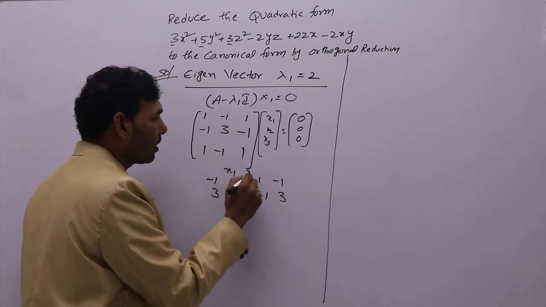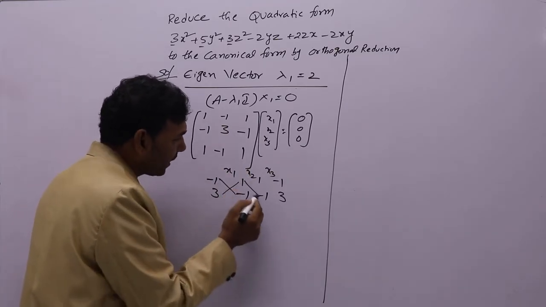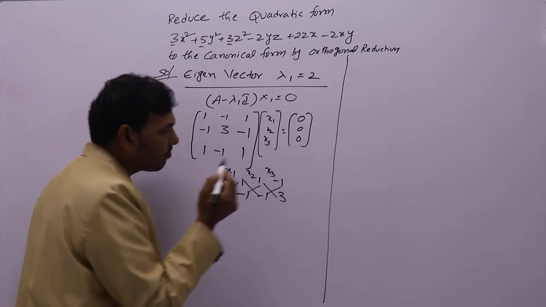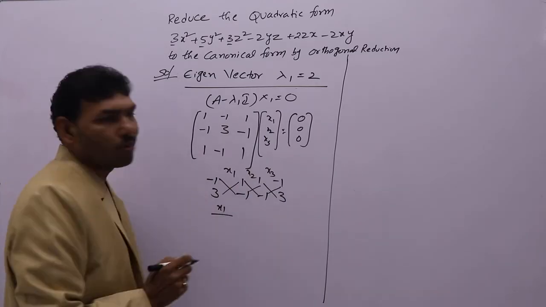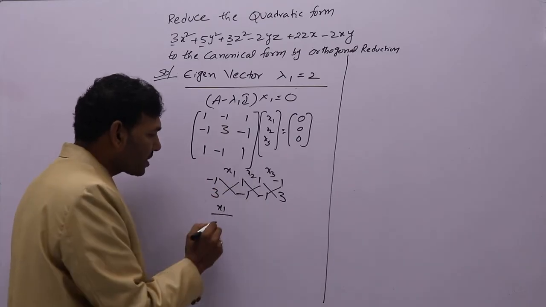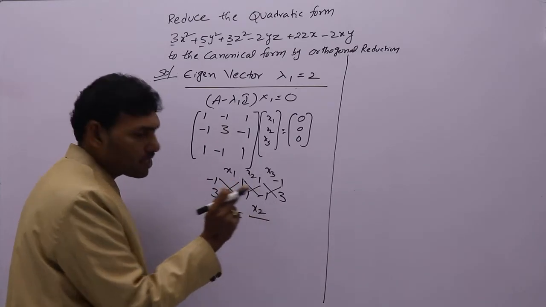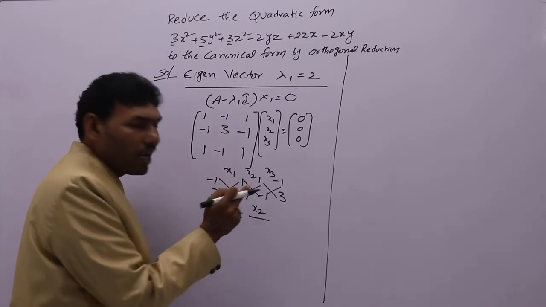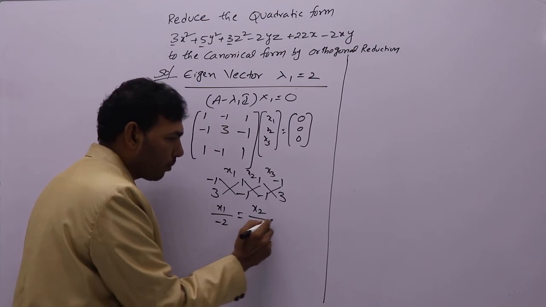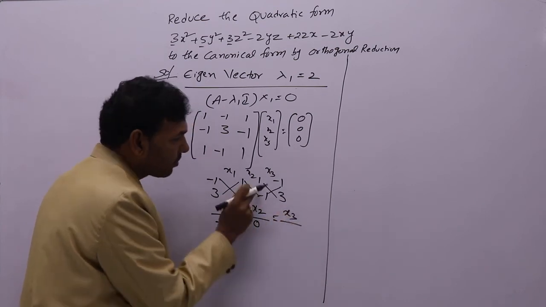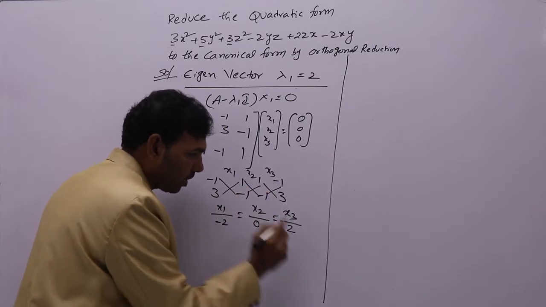Here x1, x2, x3. This is the AD minus BC technique. x1 by -1 into -1, 1; 1 minus 3, -2. x2 by 1 into -1, -1. In between you will have minus, into minus plus: -1 plus 1, 0. x3 by 1 into 3, 3, -1; 3 minus 1, 2.